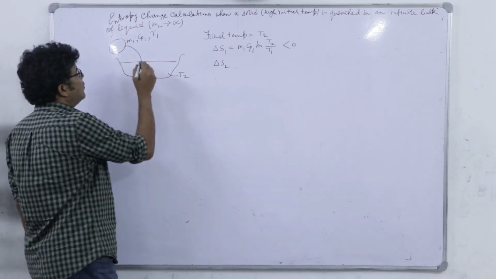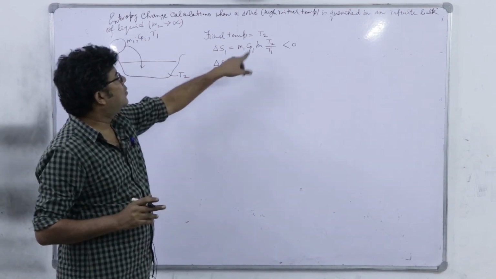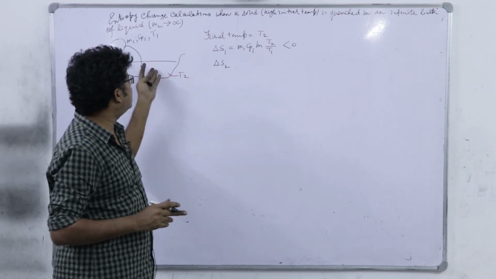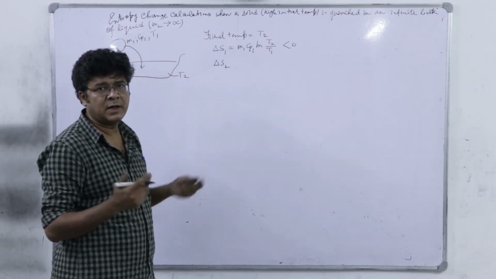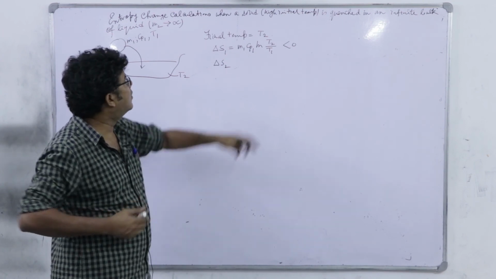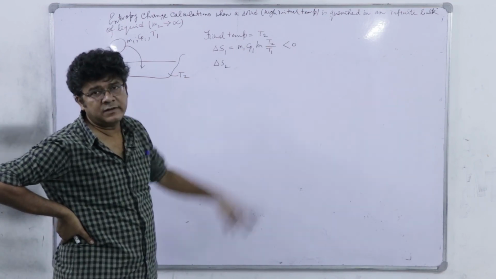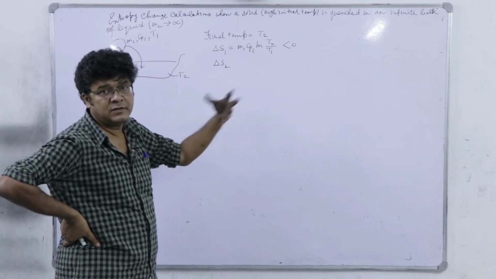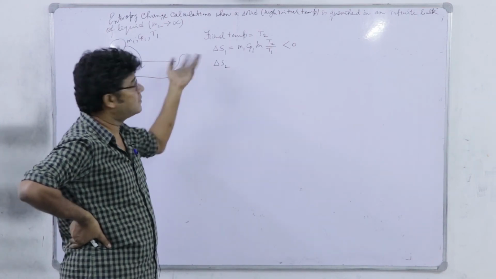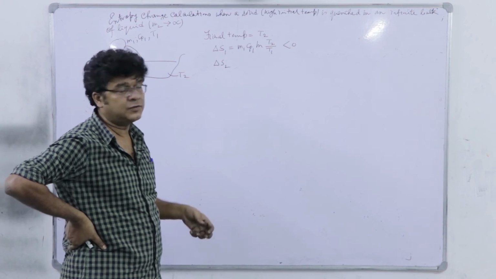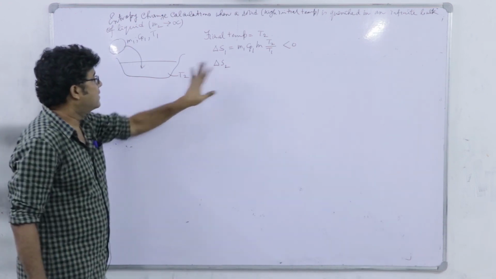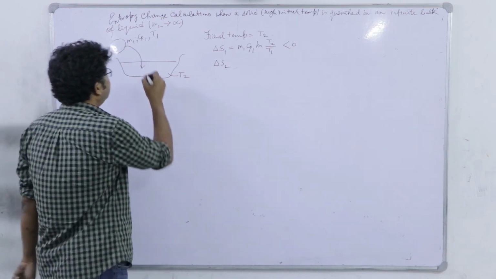However, what is the source of error? If we use the same formula, the temperature is not changing, so M2 Cp2 ln of T2 by T2, so it's 0. So, the overall entropy change will be negative, and it seems that this process is not natural, which is not at all true. So, there must be some delta S2, and what is that?